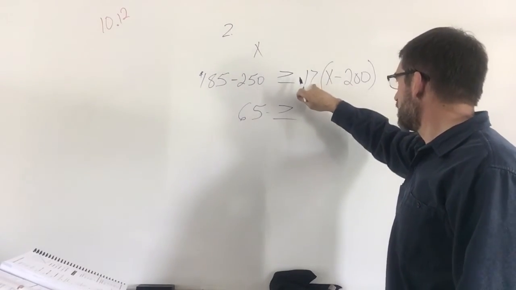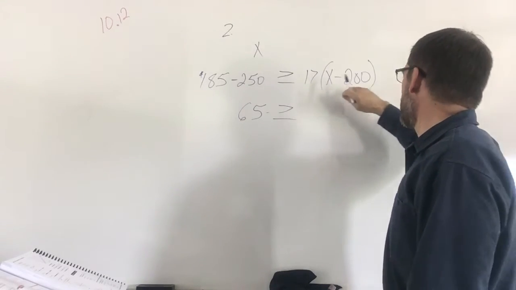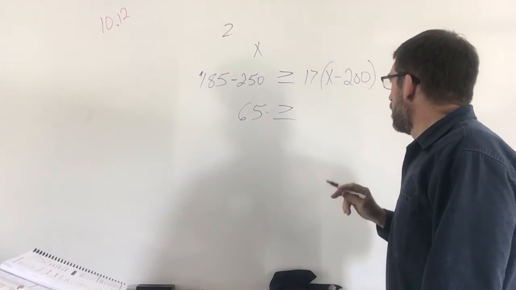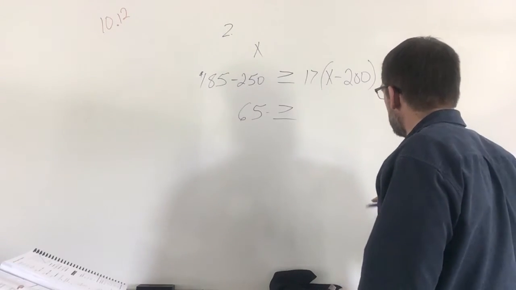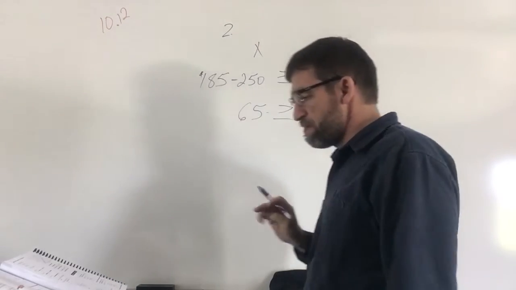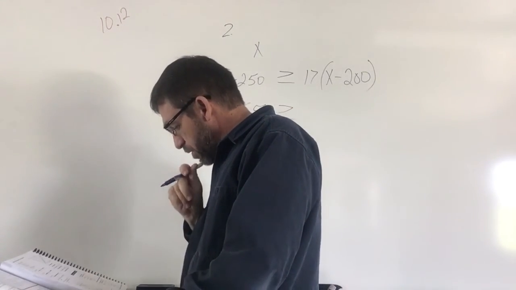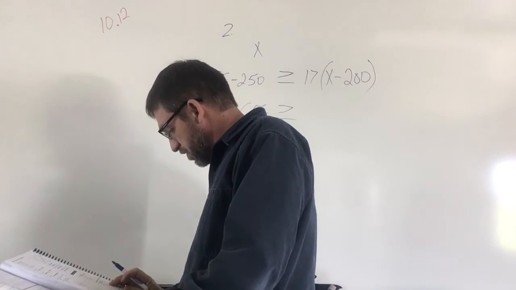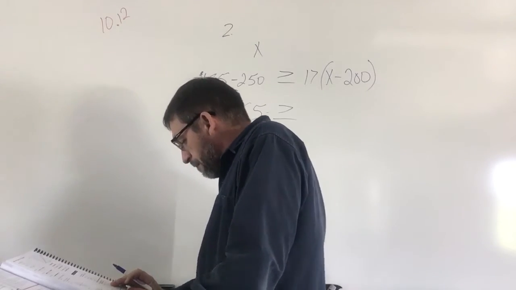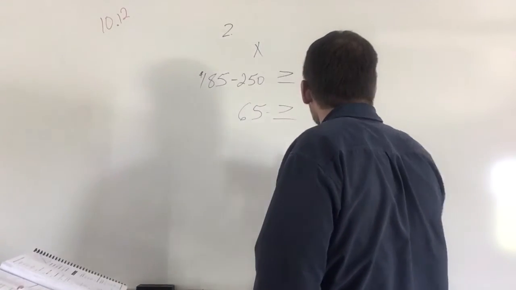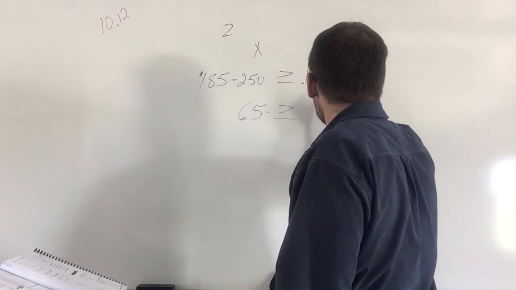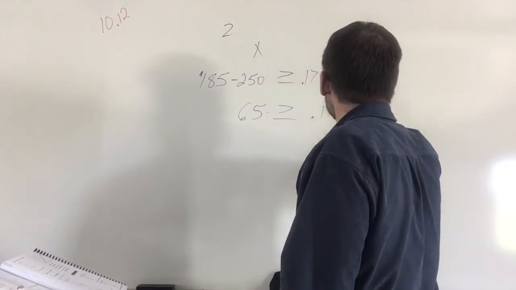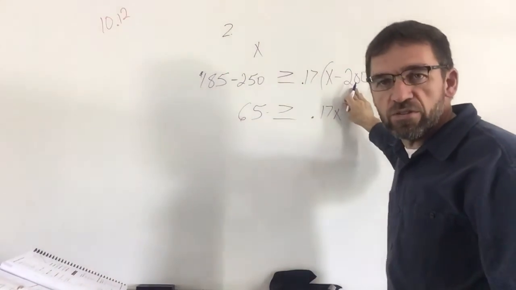And then they got 17 times X minus 200. So this would be, let me see here, 17X. Let me see how I would figure this. 17X is going to be, and 17, if you multiply, it's the decimal, so you got 0.17x negative, what's 0.17 times 200, do you know?